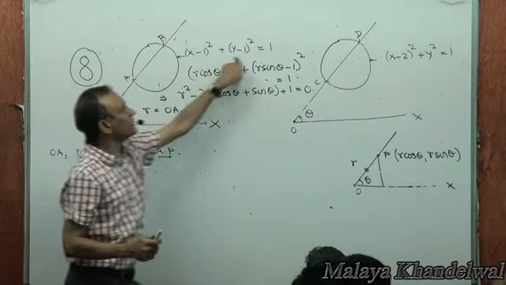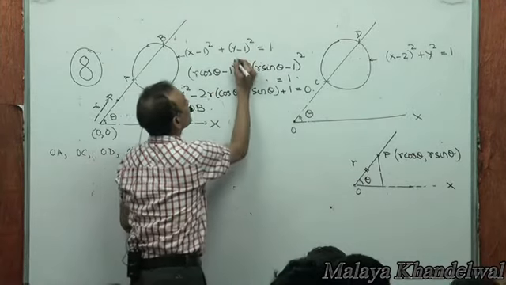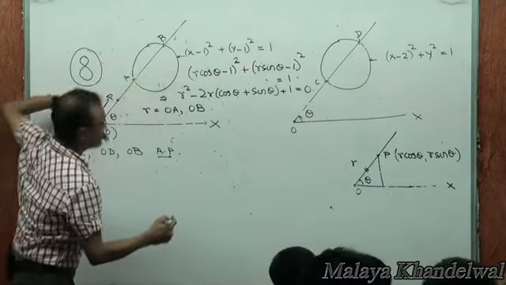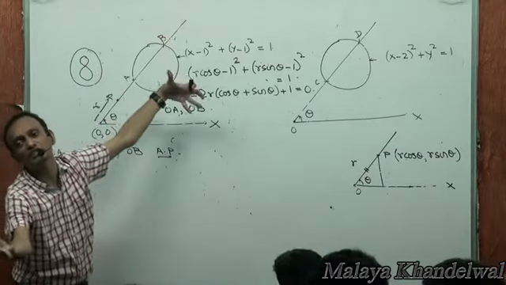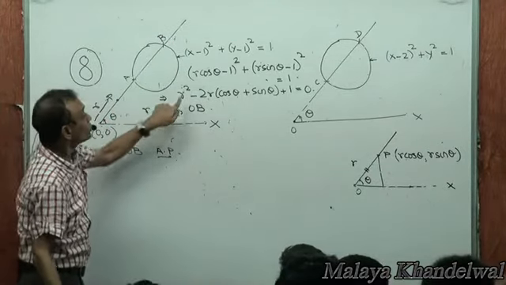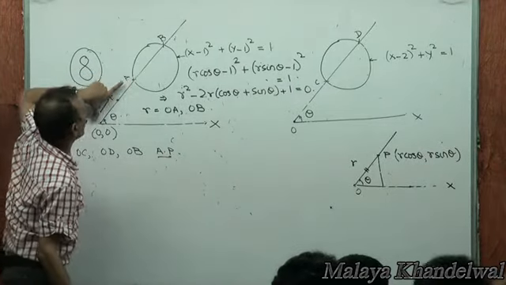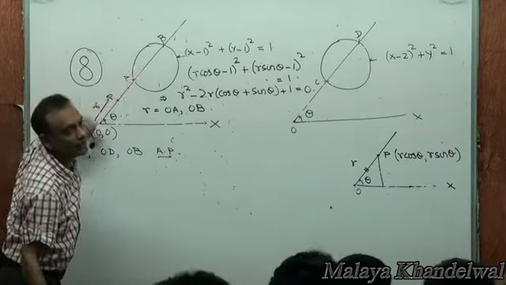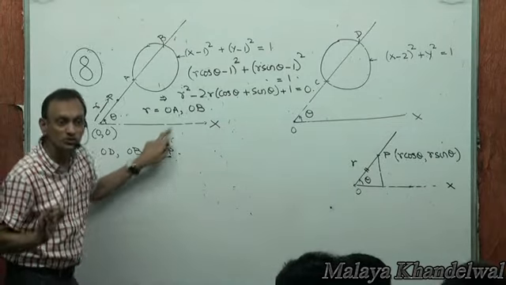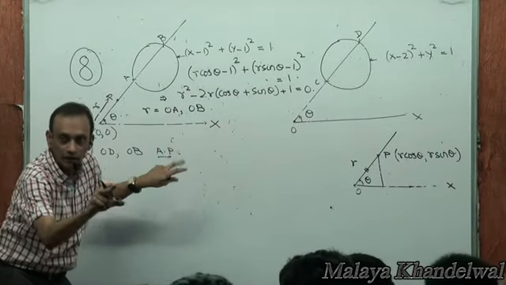So if I plug in x as r cos theta, y as r sin theta, then I get the intersection of this curve with this line, the r of the intersection of the curve with the line, right? The two values of r would be r of A and r of B. r of A would be OA, r of B would be OB. These would be the two roots of this quadratic in r.